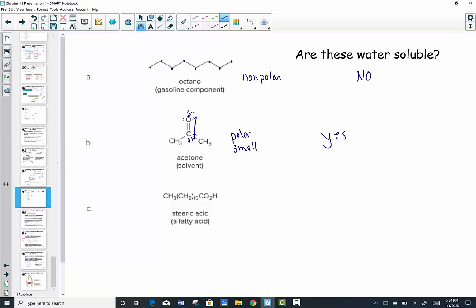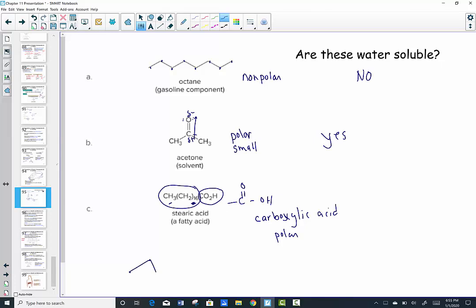And down here we have a fatty acid called stearic acid. And my eyes first went to this functional group for a carboxylic acid, COOH. The carboxylic acid is its functional group. And clearly, that looks like a polar region. However, how many hydrogens and carbons are attached to that polar region? We have 16 plus one more is 17 carbons attached to that.